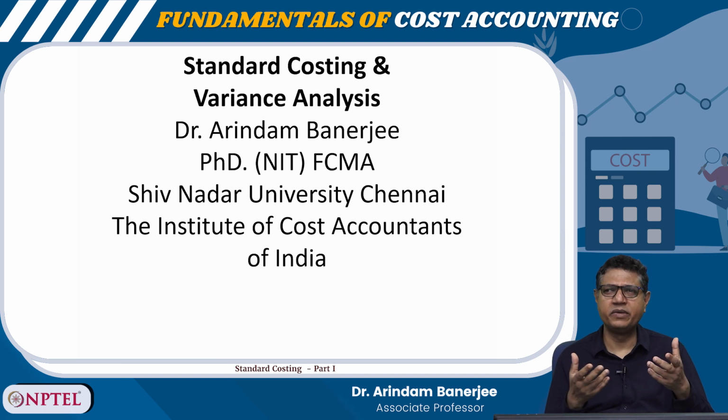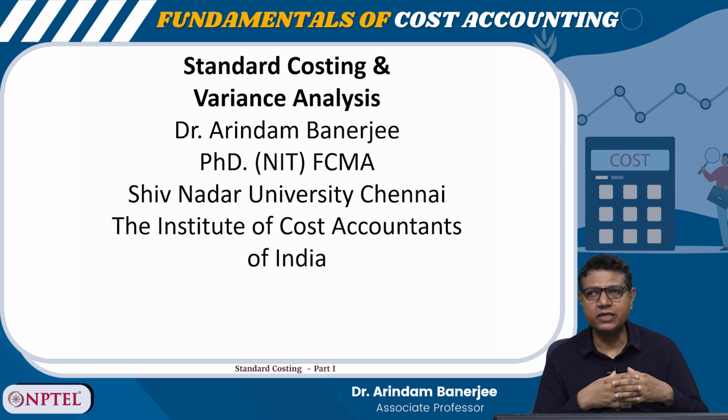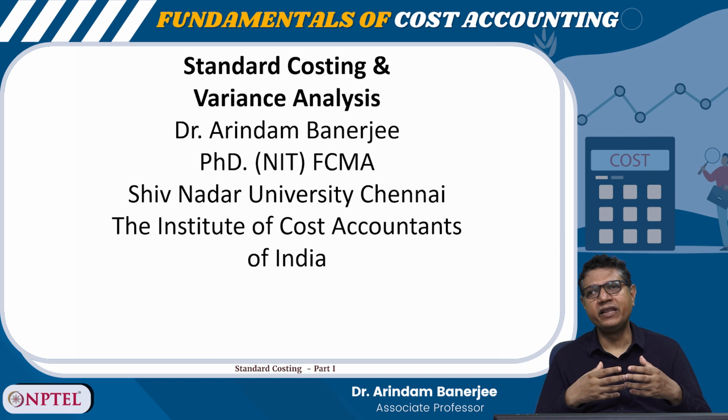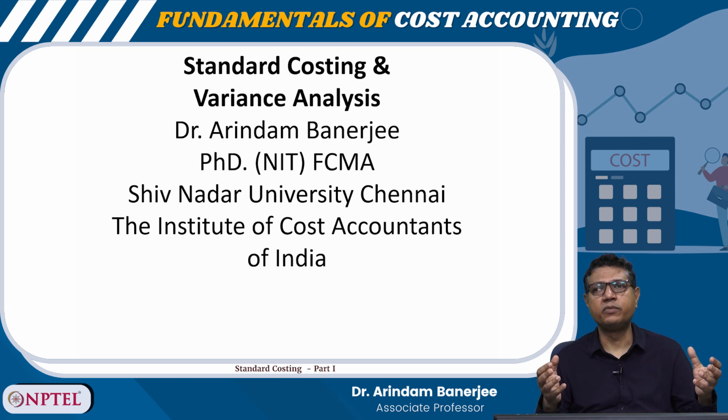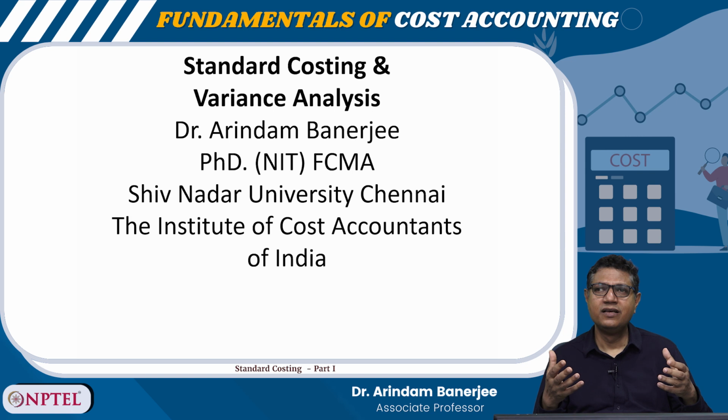There can be some normal disruptions, and there can be some very rare but severe disruptions. For example, at the time of COVID, many companies faced a severe raw material shortage because of supply chain bottlenecks, because the entire world came to a standstill, right?